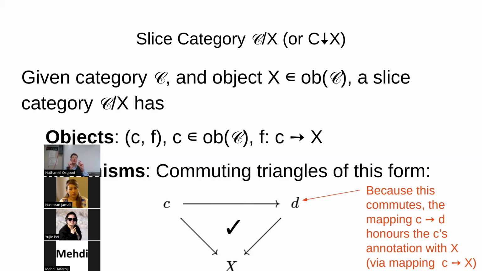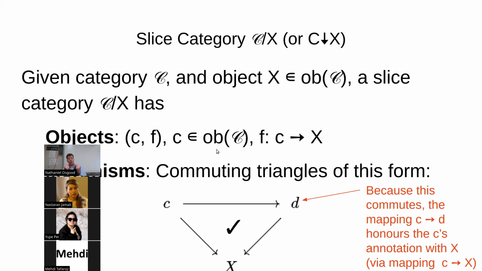What are the objects? Well, they're a pair of an object in the original category C and a morphism in that original category from C to X. That morphism had to have existed in the original category. Remember, X is an object in the original category.